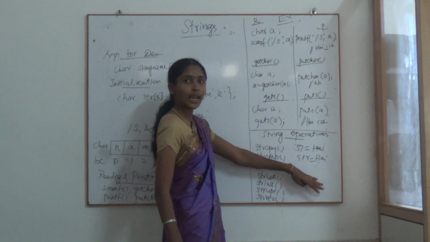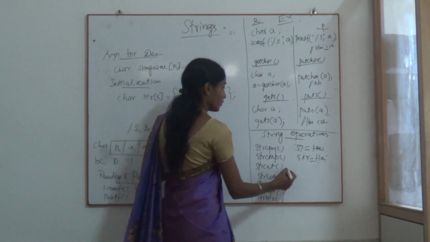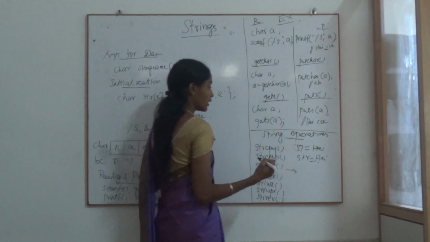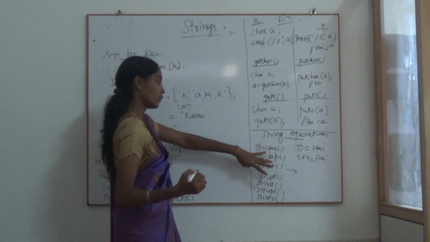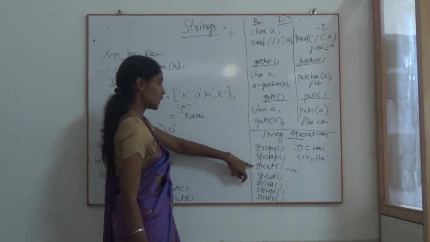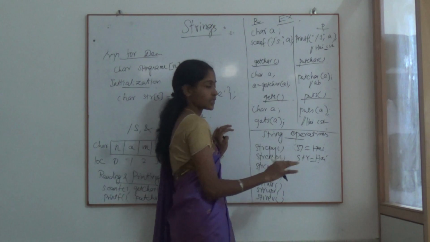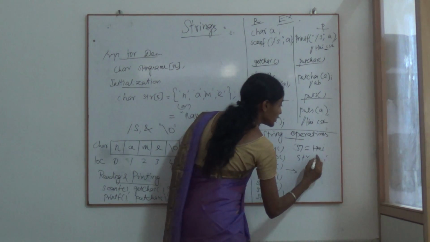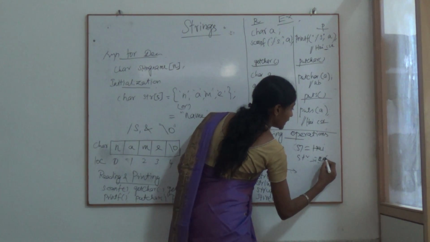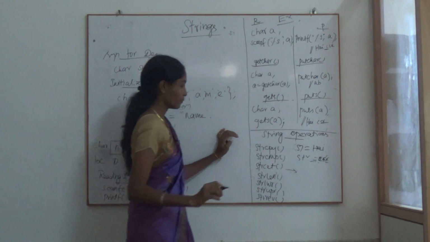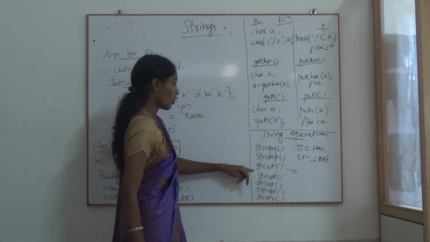If not, it returns the ASCII difference. Next, string concatenation. It is similar to string copy, and the difference is that it combines two strings. Hi and CSE will print hi CSE. Like this, the operation is performed.